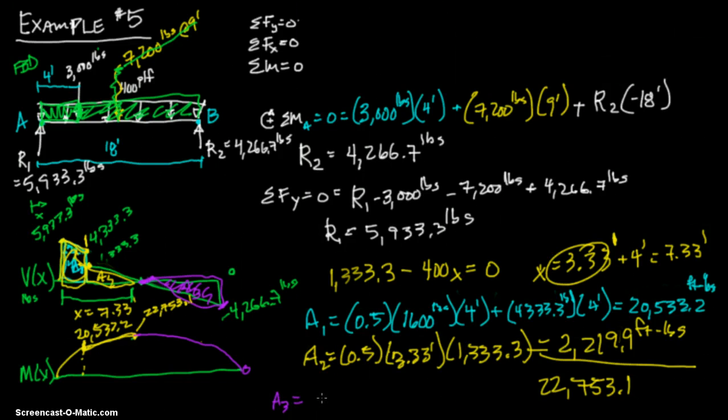A3 equals 0.5 because it's a triangle. Obviously negative 4266.7 pounds times, what was that, 18 foot minus 7.33. And that will give us this distance right here.